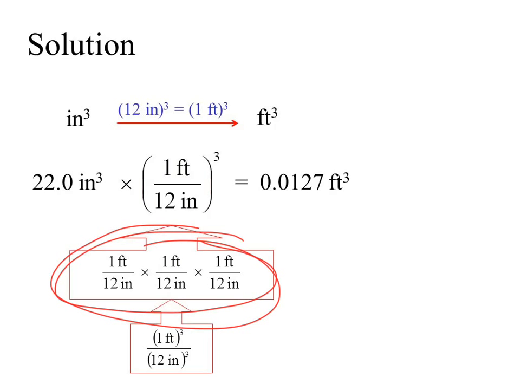Yeah. And it's the same thing. And you got the same answer, right? Yep. Any questions? So inches cubed have canceled, whether you go this way or this way. And we're left with units of feet raised to the 3rd power. Feet cubed. Happy feet.